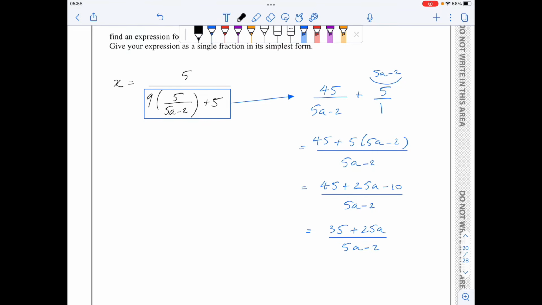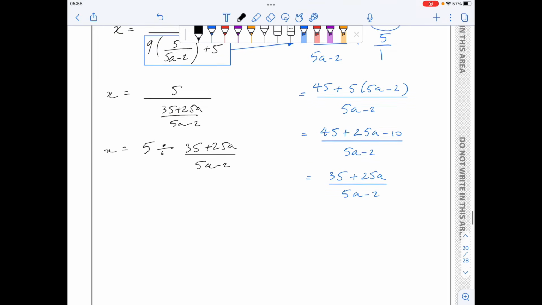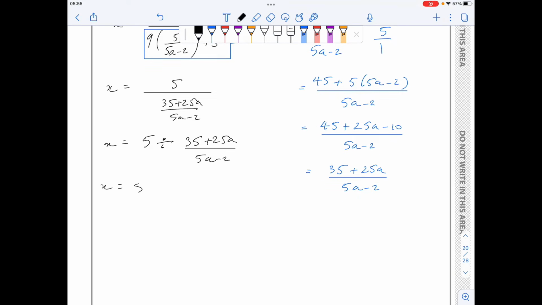So let's go back to my x expression. I have 5 over this fraction plus 25a over 5a minus 2. Now you can think of this as 5 divided by 35 plus 25a over 5a minus 2, which I can flip and change to multiplication.